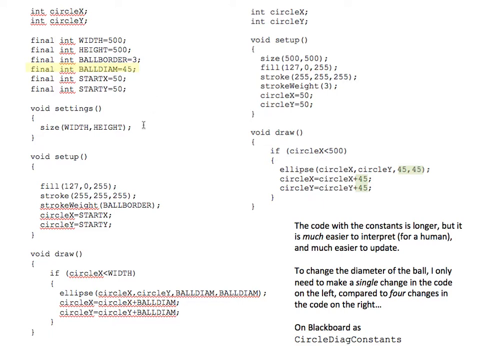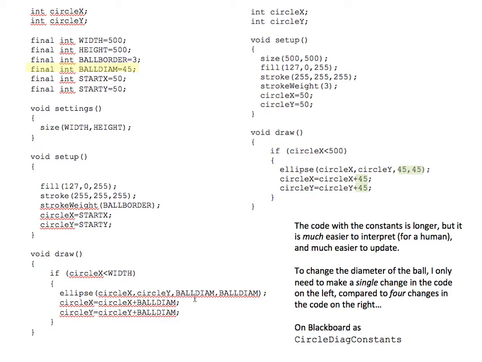The code with the constants is longer, but I think it's much better because it's much easier to understand and it's almost self-documenting. So constants have two main benefits. Again, it makes the code easy to understand, but it also means that if we want to change something, say the diameter of the ball, we only have to do it once. We do it once at the top of the code here, and then wherever we reference the diameter, you can see here we've got ball diam referenced 4 times in this code.